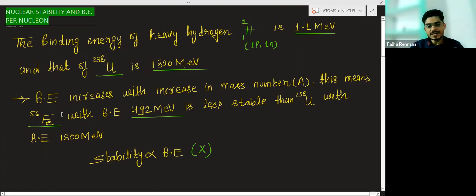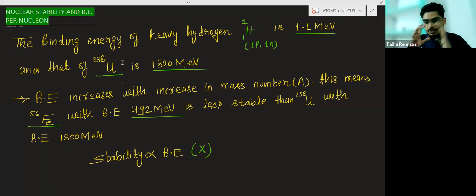So this uranium as compared to iron will have a large number of nucleons. So to bind those nucleons, a large amount of binding energy will be required.